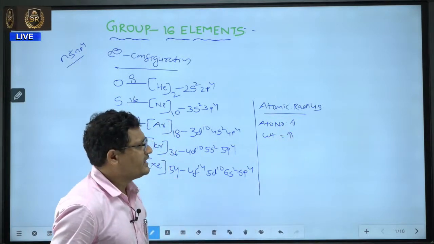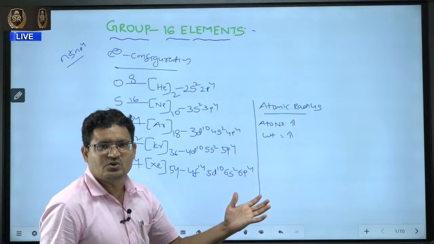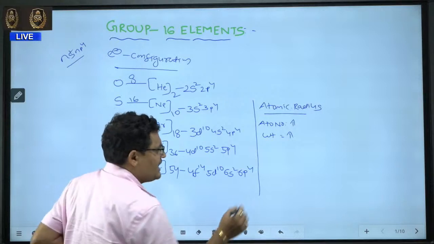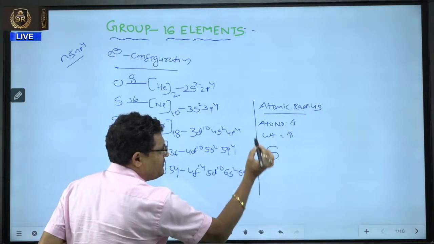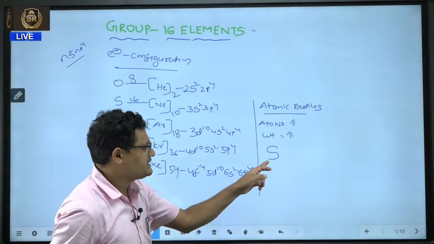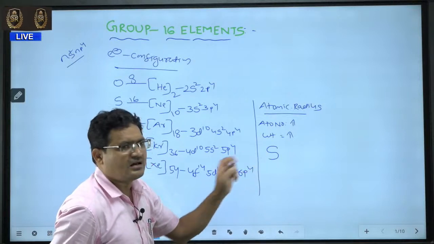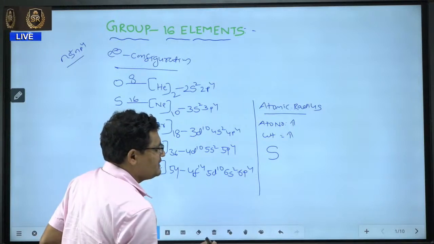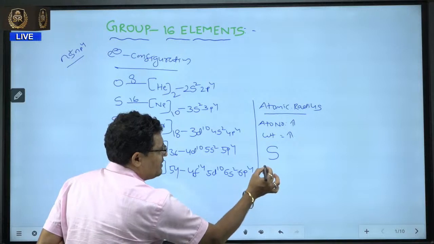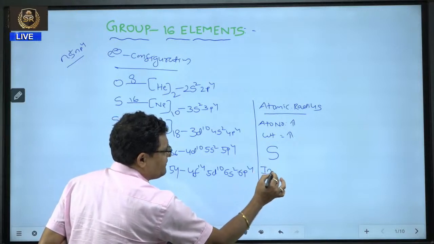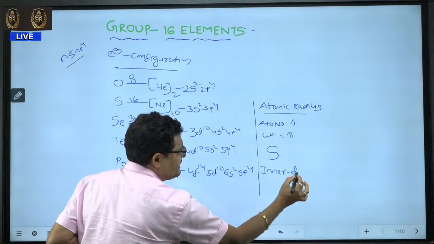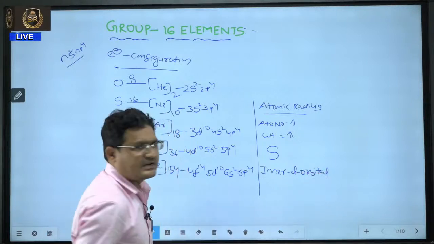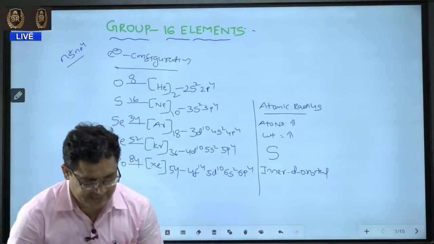That means the differentiating electron enters into the next higher energy shell, suggesting it has less predominant effect beyond sulfur. This is due to the screening effect by the inner d orbital. This is atomic radius.